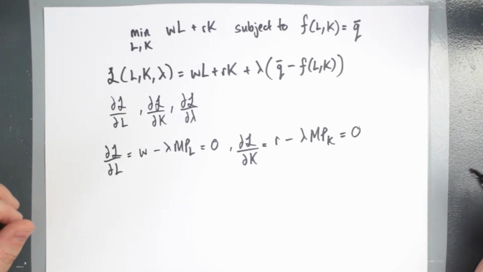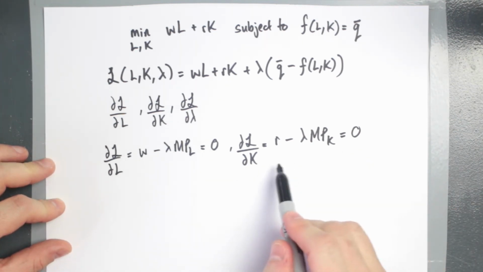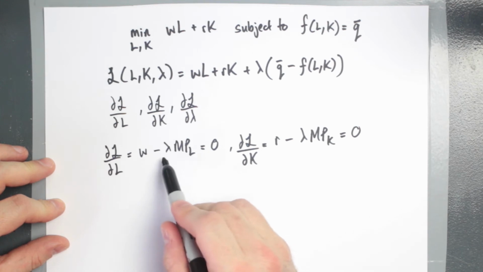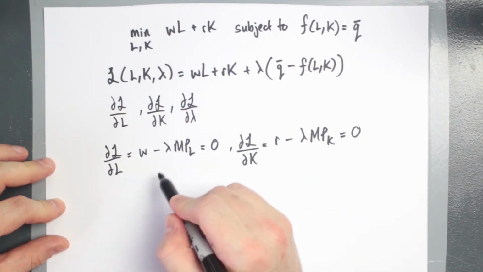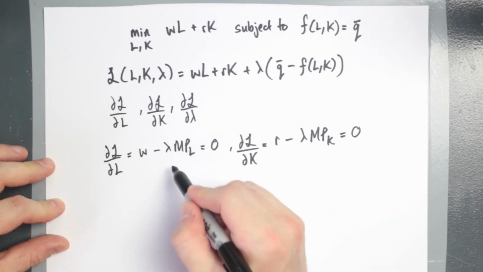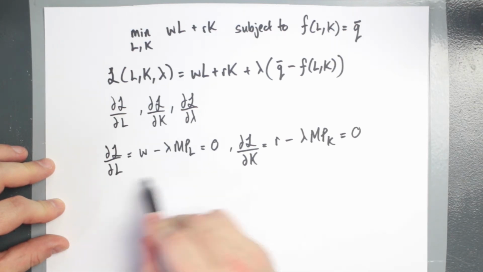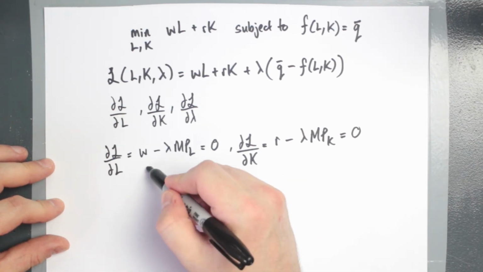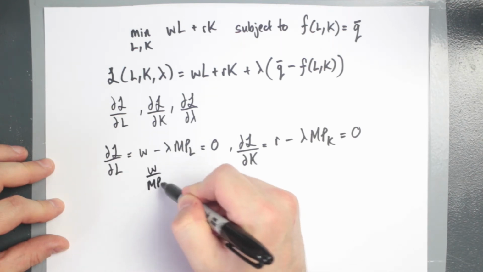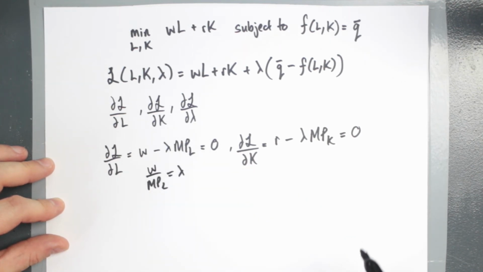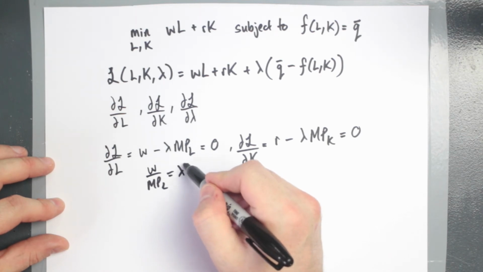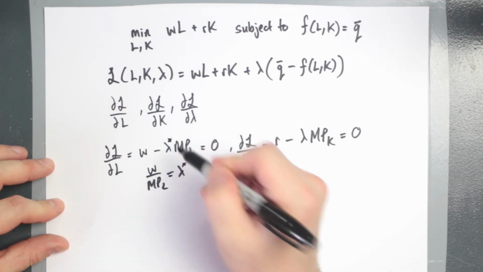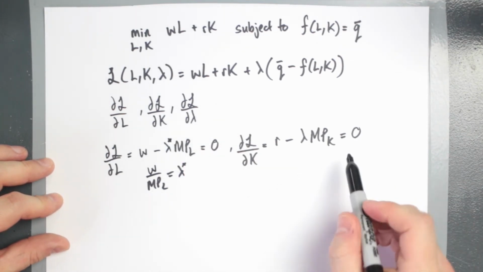Okay? So if I take these two equations together, what do I get? Lambda appears in both of them. So let's get lambda by itself. W over MPL equals lambda star, because we're talking about the optimal solution here.